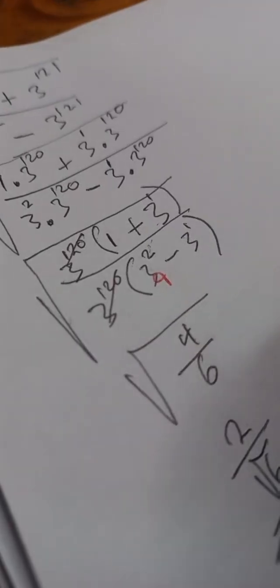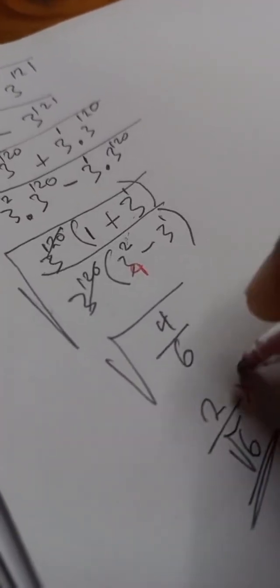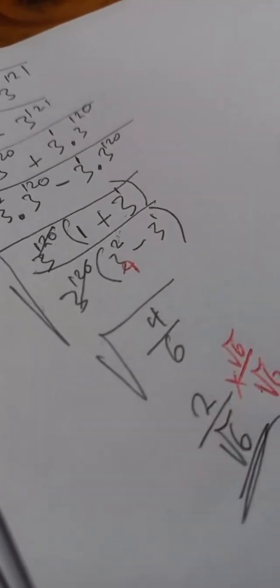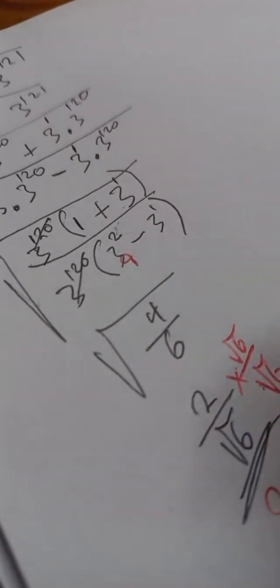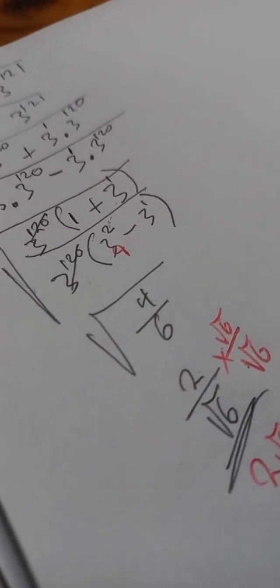Square root of 6, you can't find the square root of 6. If you want to rationalize, you can do it by saying times square root of 6 over square root of 6 to give you 2 square root of 6 over 6. But it's the same.